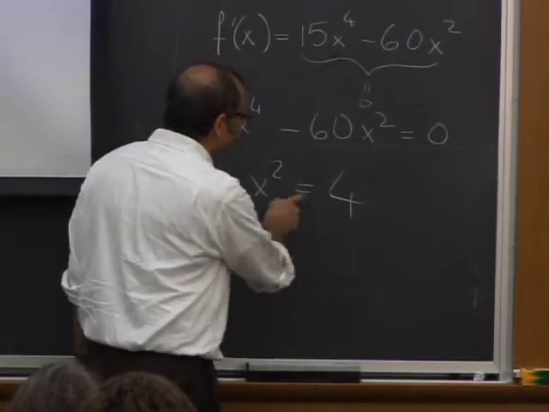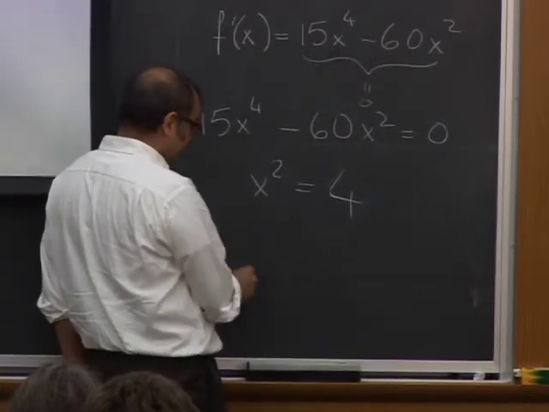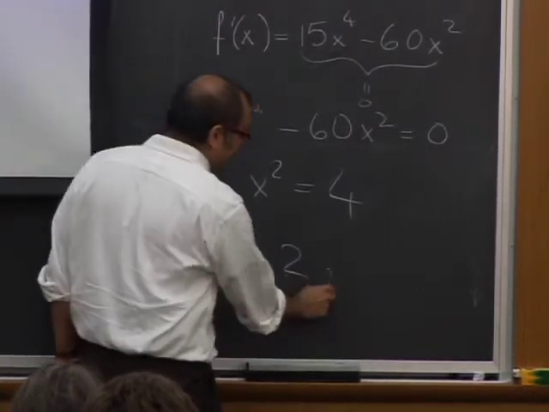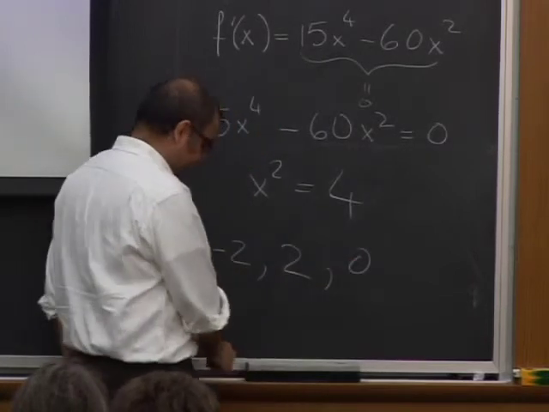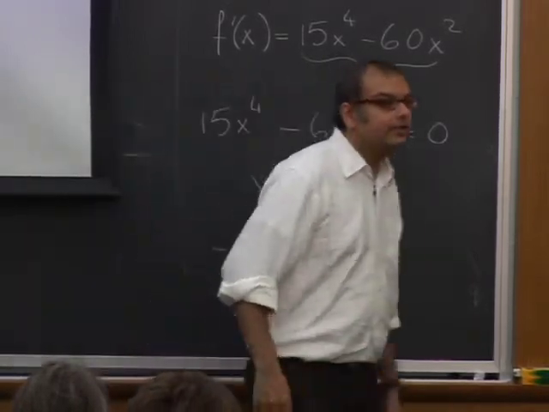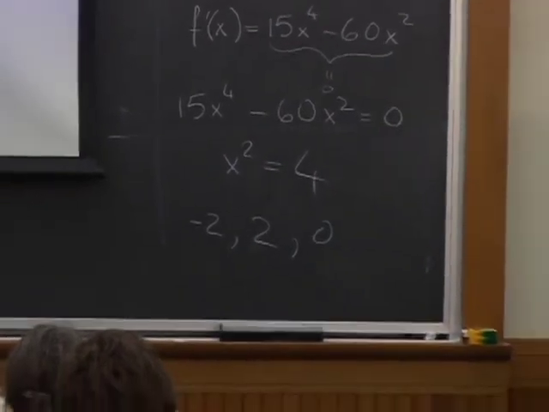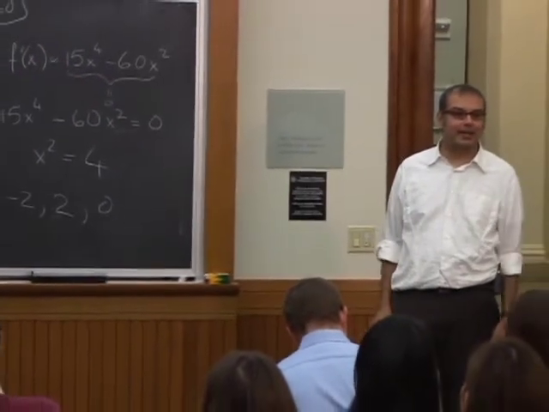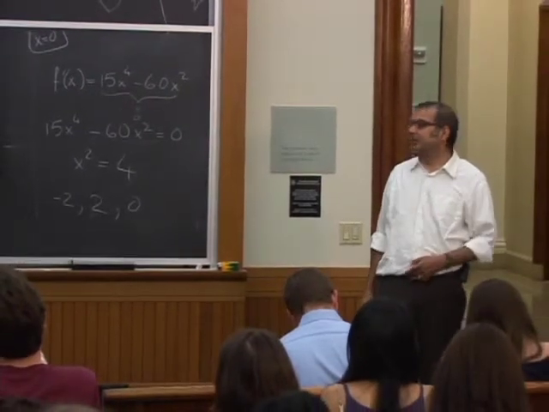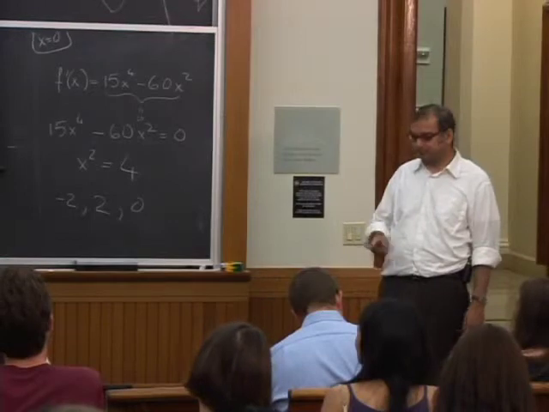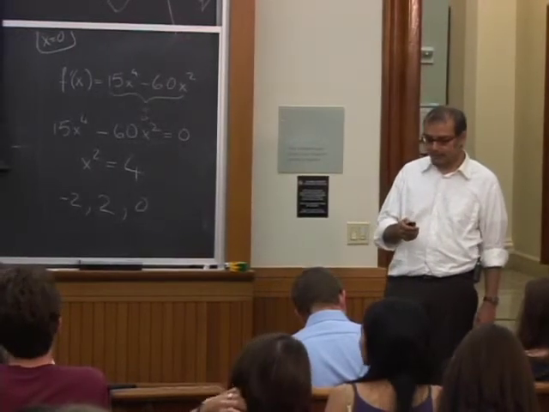So then the roots of this are just minus 2 and plus 2, and then I have to look at the case where x is equal to 0. Okay, so I must have chosen that polynomial so that this could be done by hand. But generally, this is a pathological example. Most examples won't be like this.